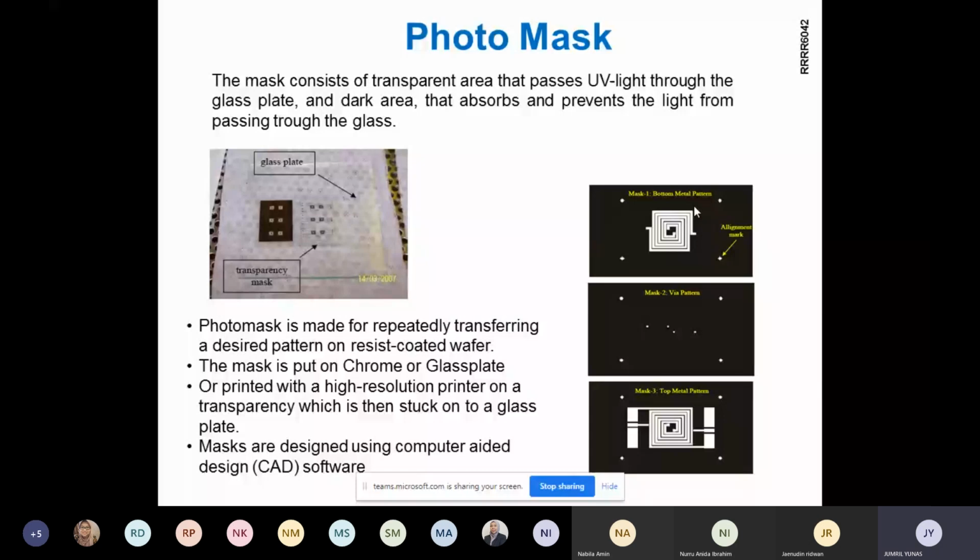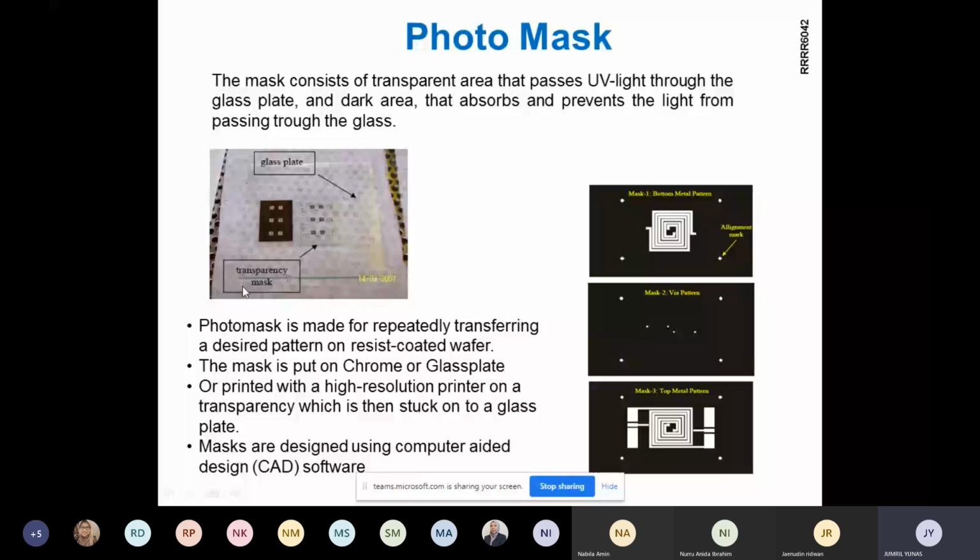This is the photomask. The mask consists of a transparent area that passes UV light through the glass plate. We put our mask here. We can print out this layout after we design it using CAD, such as CorelDRAW or AutoCAD, and then we print it out on a transparency mask, and then we attach it on a glass substrate.